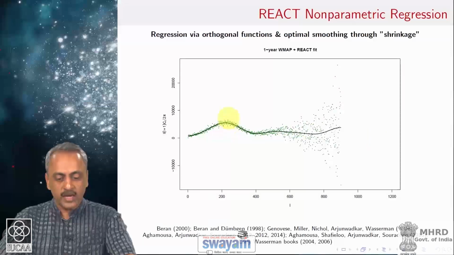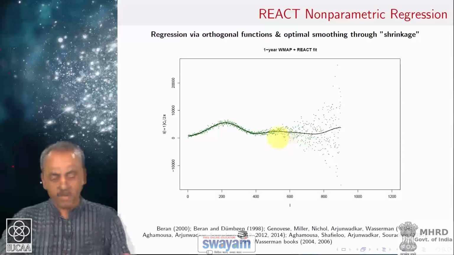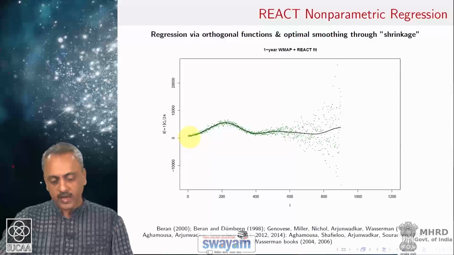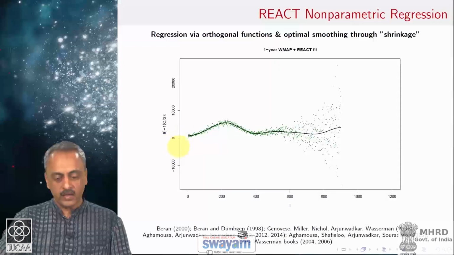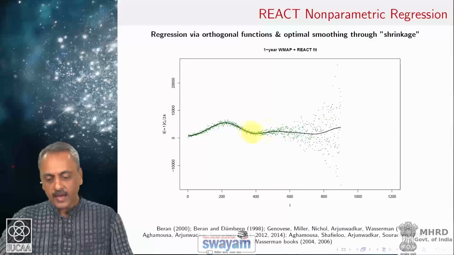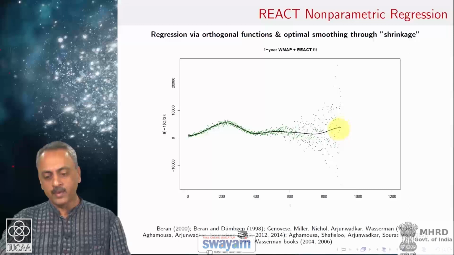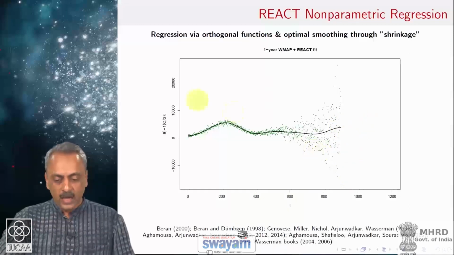It is also a little higher around the peaks of the power spectrum. It is also supposed to be higher towards the lower end of the multipole index. At this end, it is related to what is called cosmic variance, and at this end it is related to less coverage at those angular scales.